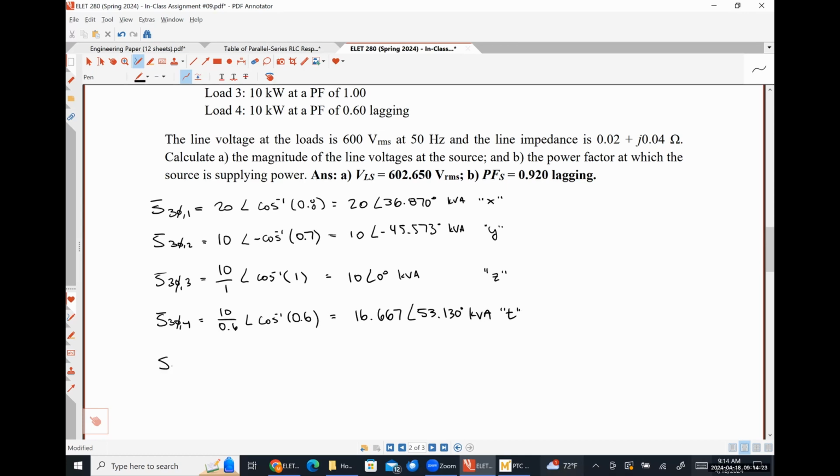And so S 3-phase composite is just those 4 added together. So S 3-phase comma 1 plus S 3-phase comma 2 plus S 3-phase comma 3 plus S 3-phase comma 4.